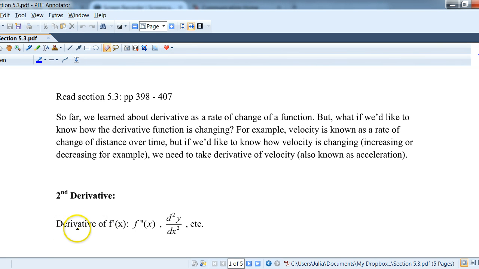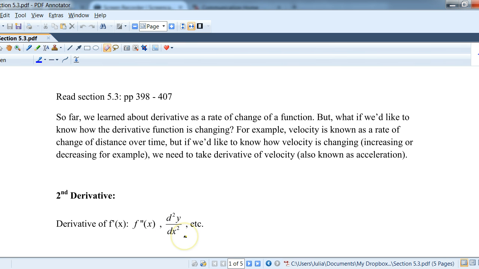So basically, it's defined as derivative of f prime of x. So if you find f prime of x, the first derivative, take derivative again, then you'll find second derivative. It's like a domino effect. Sometimes you'll see it as f double prime of x. Sometimes you'll see it with a little square. Basically, it means d squared y over dx squared.